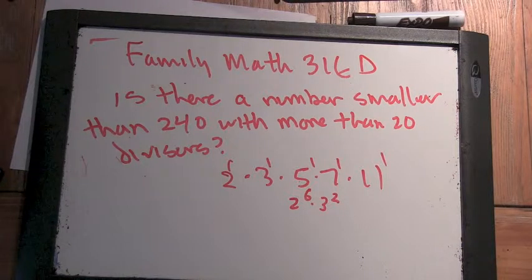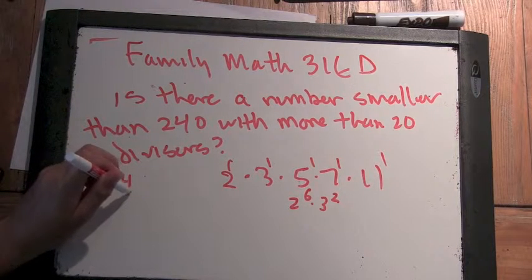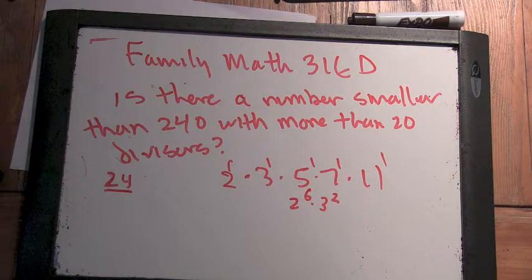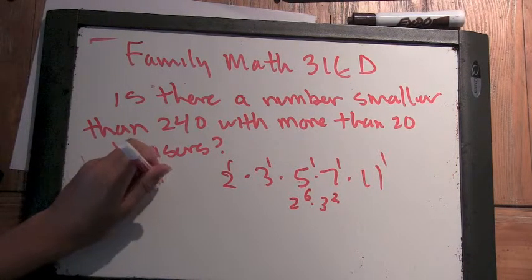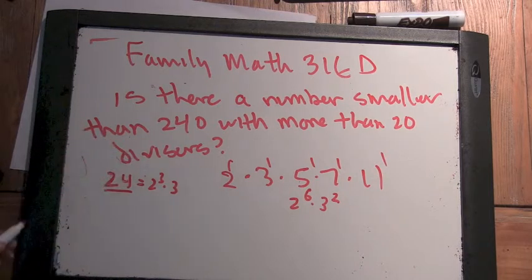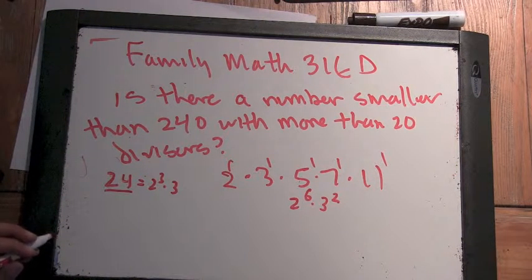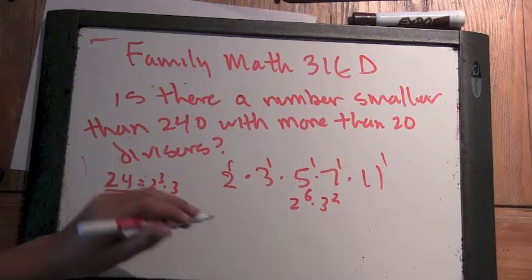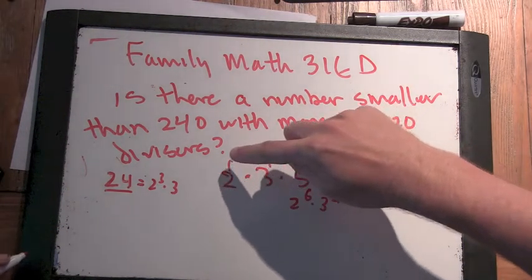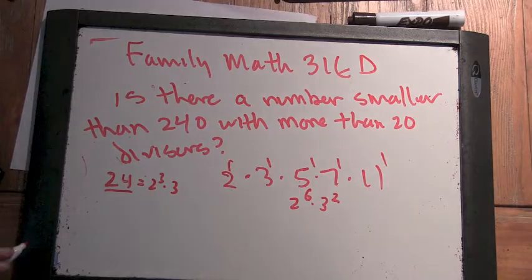What about something like 24 divisors? 24 is an interesting one. It factors easily: 2 cubed times 3, so 8 divisors times 3 divisors. We could have something be 2, 2, 2, and 3.